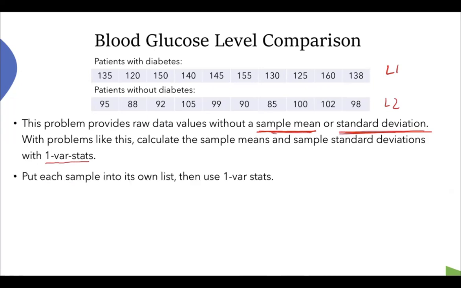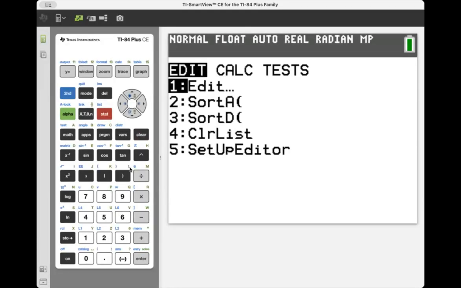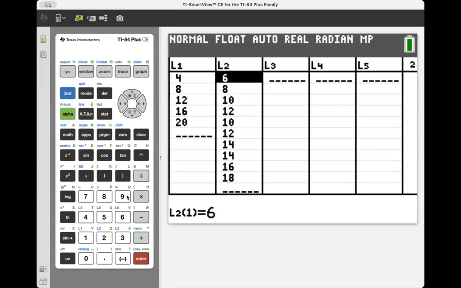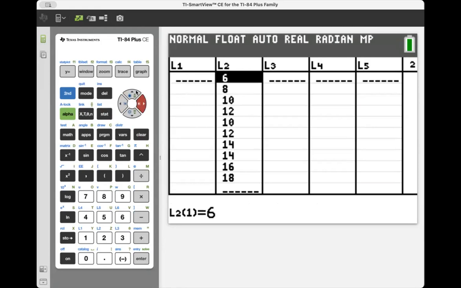Okay, and I'll take you through this on my calculator. So we're going to press Stat and then Edit, and this is from a previous lecture. Let me clear this out from L1 and from L2.